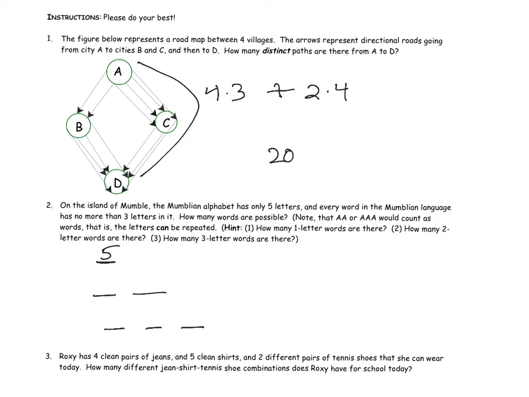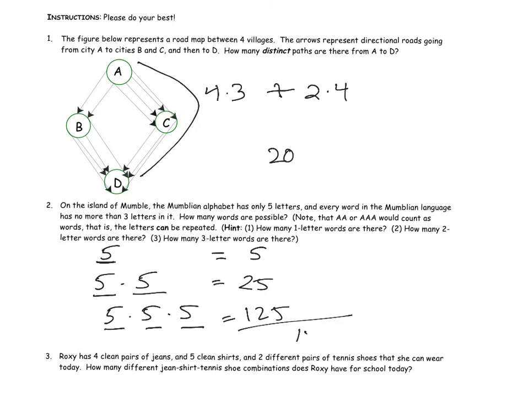For 2-letter words, there could be 5 possibilities for the first letter and 5 for the second. For the 3-letter words, again 5 possibilities for each because we can have repeats. So this would be 5, this would be 25, and this would be 125. Adding it all up, there are 155 different words.